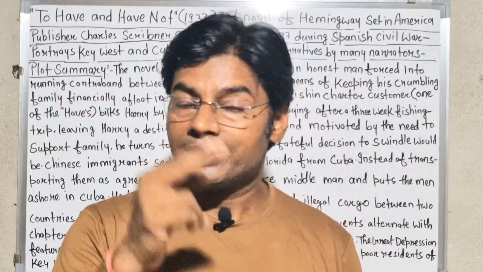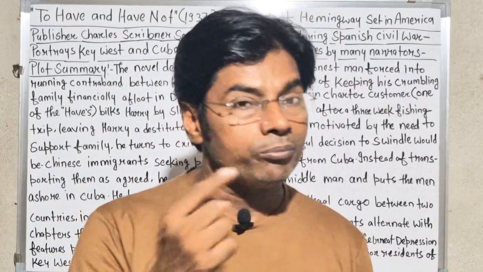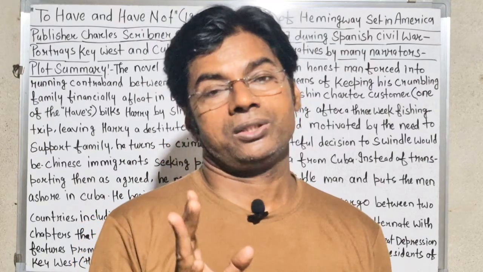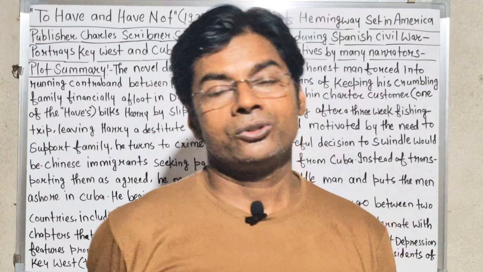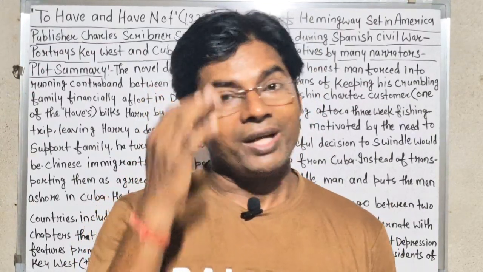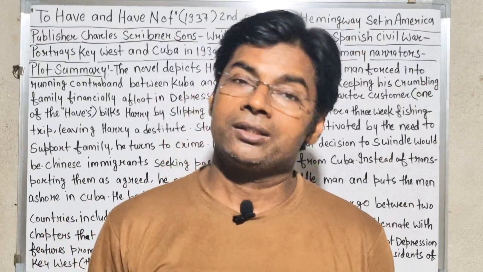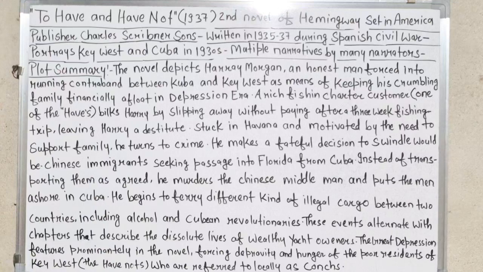N-O-T, not takes S to make the word plural and to make the word opposite of haves. So, To Have and Have Not. Let's look at certain important facts related to this novel, and then we'll enjoy the summary of this novel.